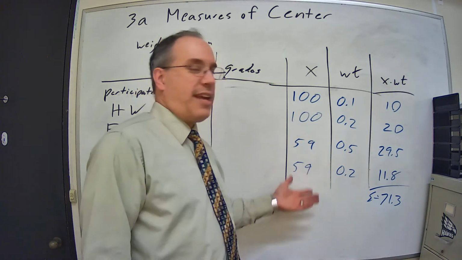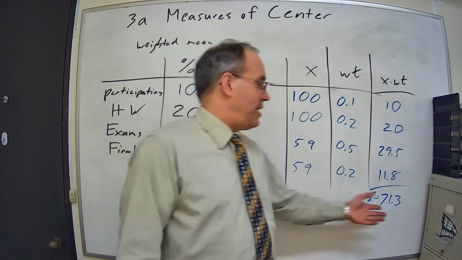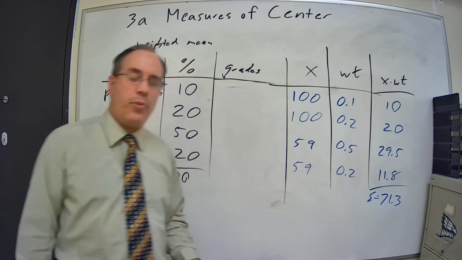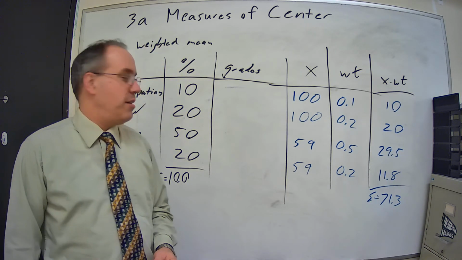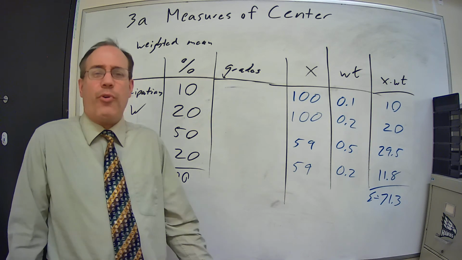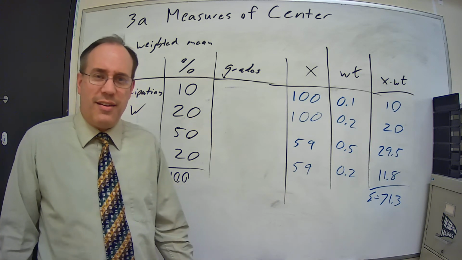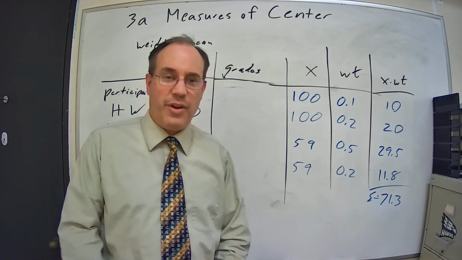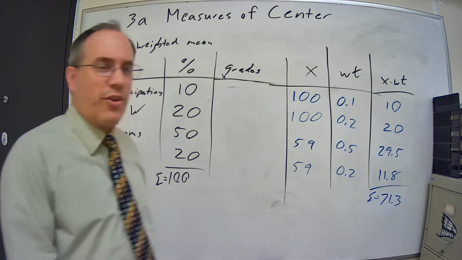So where would your exam average have to be to get it down to an F in the class? You'd have to drop 12 points off of there. So all of your exams would have to be in the 40s for you to fail the class if you do everything else right. Or somewhere around there, 50 or below.